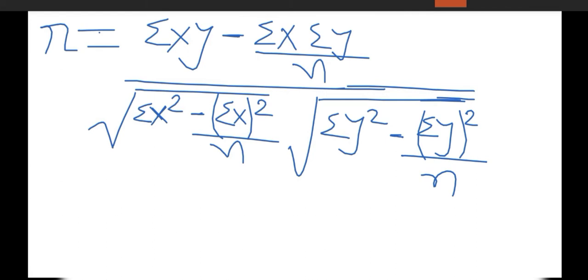Here the word Spearman is not written, so we'll use the Karl Pearson's coefficient of correlation formula. That is the first formula that I told you to remember.